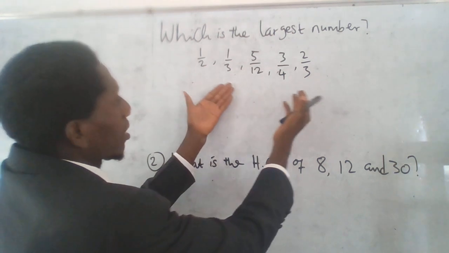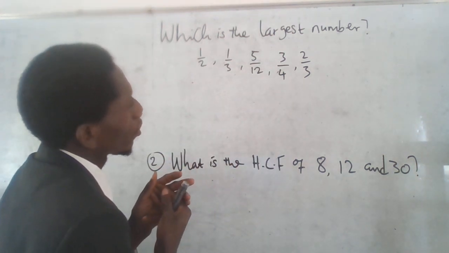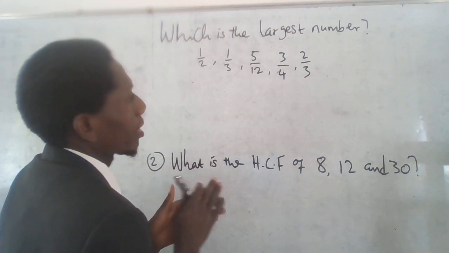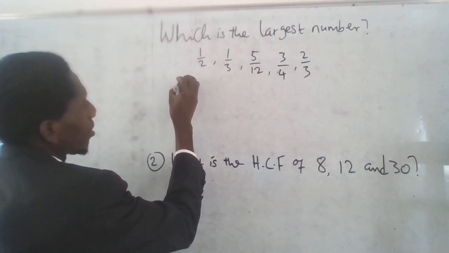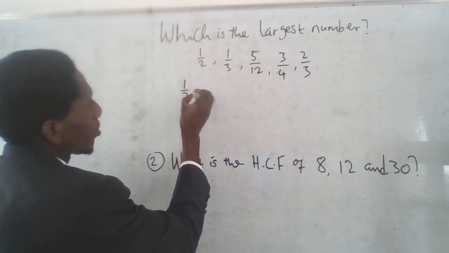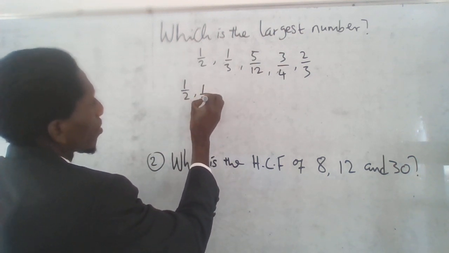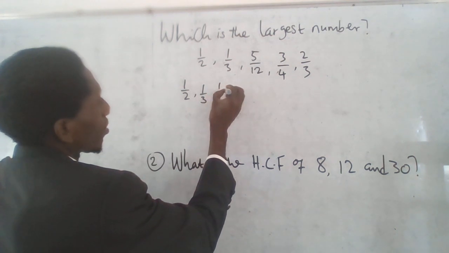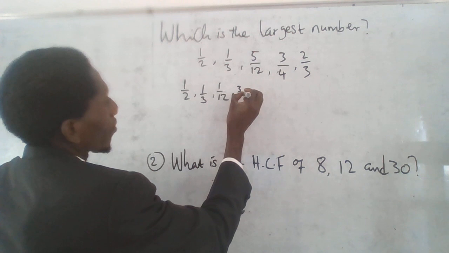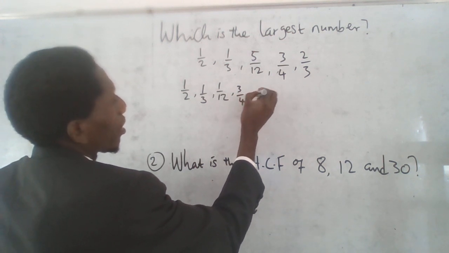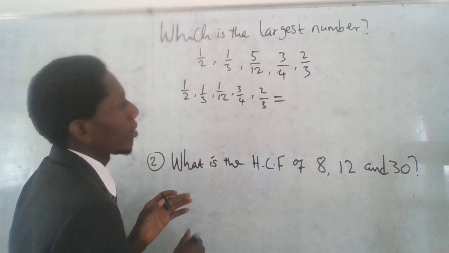If we can get the LCM here, which is 12, we will be able to understand this problem better. Let me say 1 over 2, 1 over 3, 5 over 12, 3 over 4, and 2 over 3.